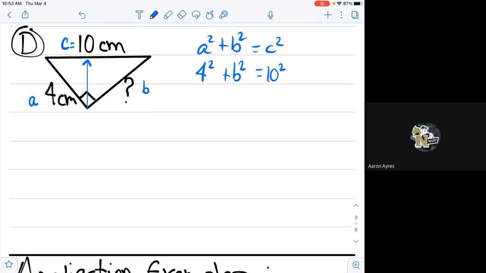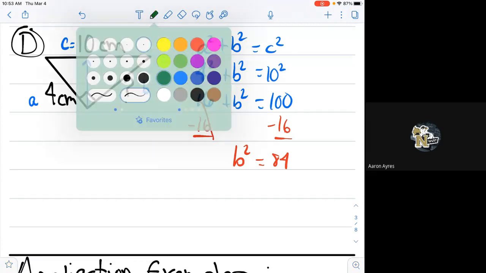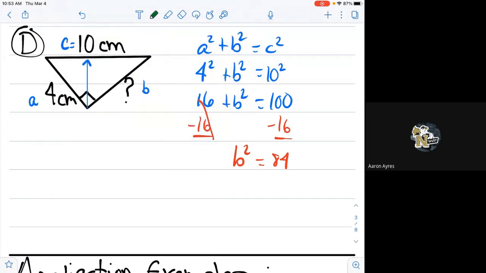Everybody okay with their check so far? I get 16 plus B squared equals 100. I'm going to subtract 16 from each side. So I'm going to do a subtraction there and a subtraction there. I get B squared equals 84. So far, so good, everyone? Yes? Okay.